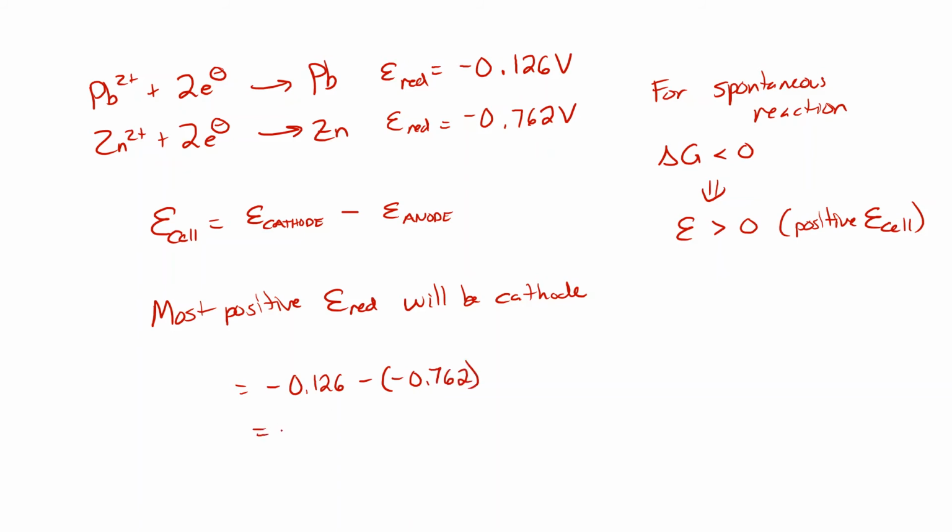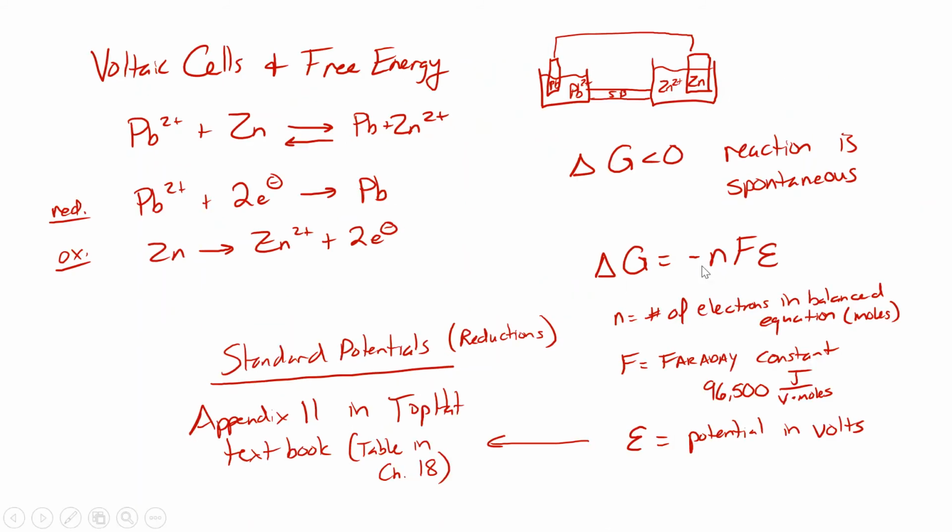Right? And so the other one will obviously be the anode. We put this together, we get a positive value, we get 0.636 volts is the cell potential of our thing. And then this would be the potential that we would plug in to figure out delta G in this case.